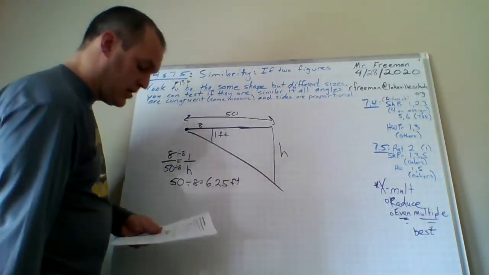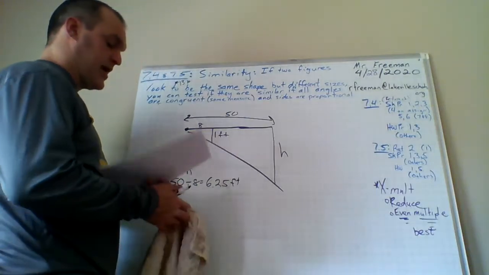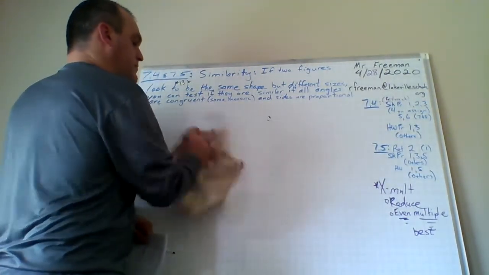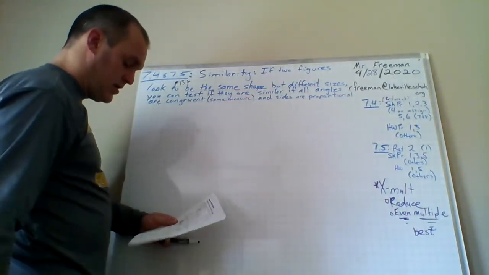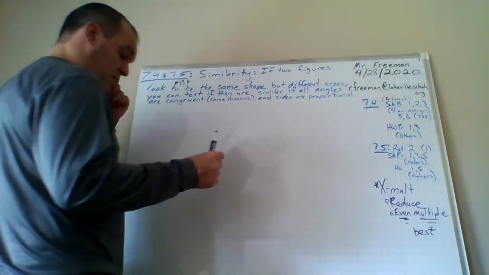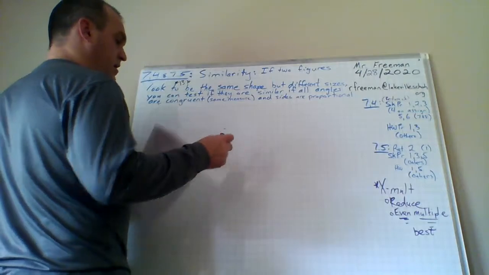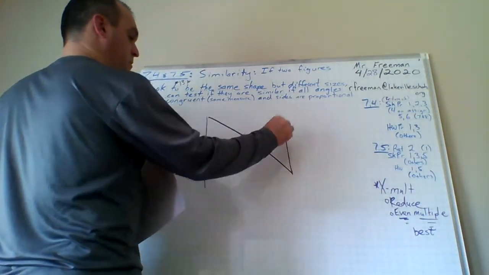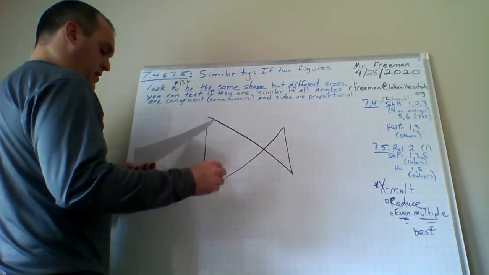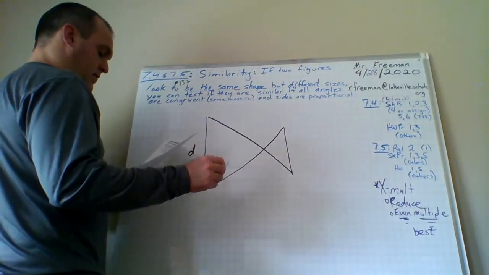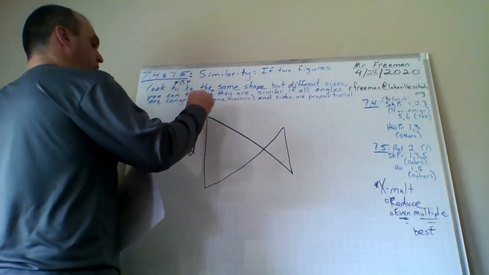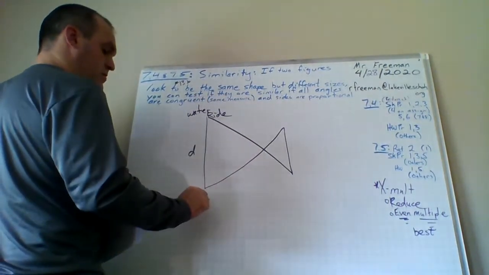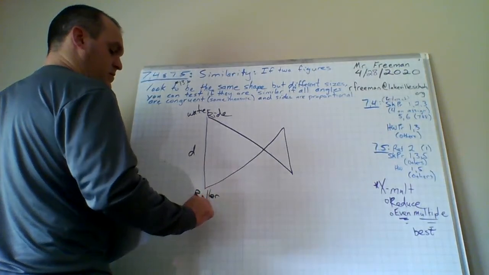Okay, the other one I'm doing from the skills practice page is number 5, the amusement park. Now they want to know this distance D here from what they say is the water ride to the roller coaster.